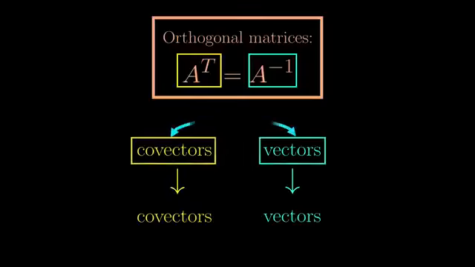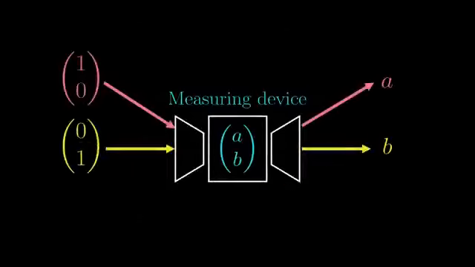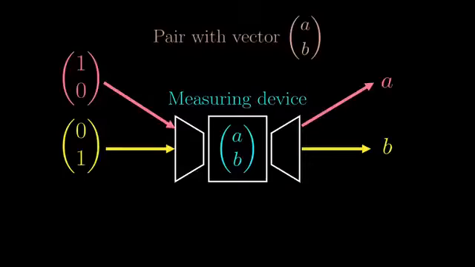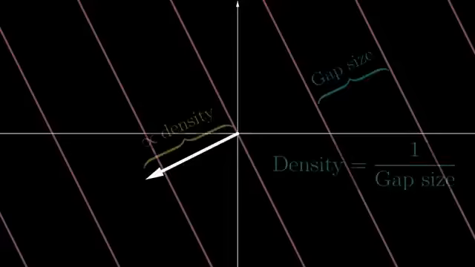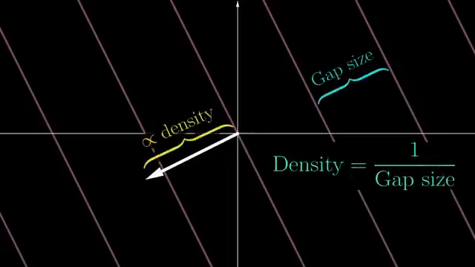Well, the trick is to pair up vectors and covectors, treating them sort of the same, which is what we have done in this video. For this AB covector, where we measure 1, 0 as A, 0, 1 as B, we have associated with it the vector AB. Or in the visualization of covectors as a bunch of parallel lines, we have associated it with the vector perpendicular to the lines, and length being the density of the lines.